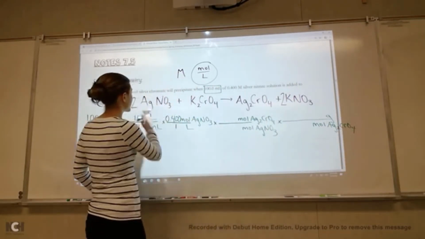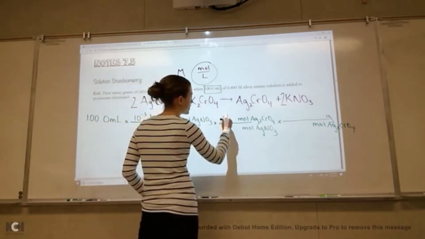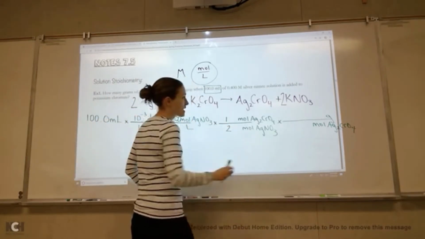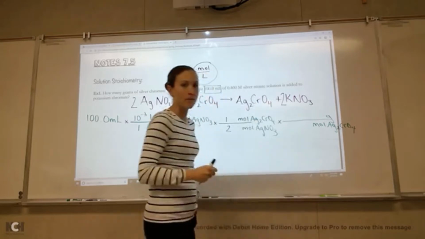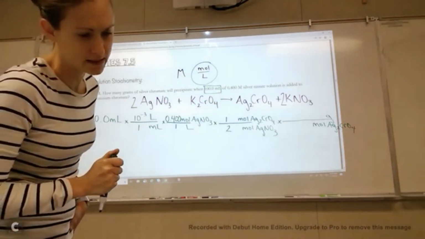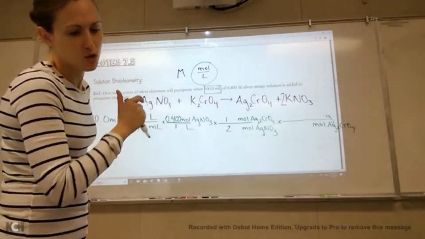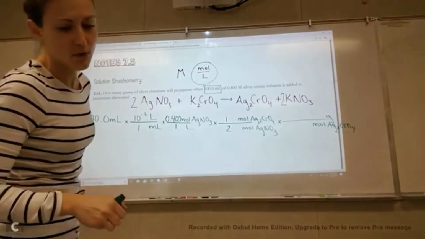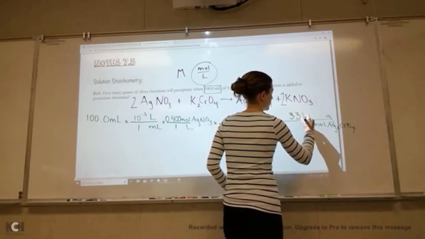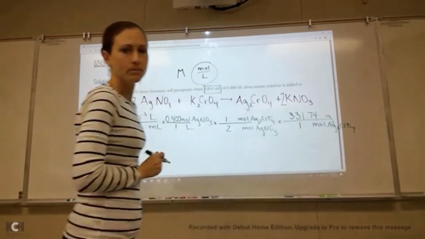My mole to mole ratio, I just need to use my coefficients. So the coefficient in front of silver chromate is a 1, in front of silver nitrate is a 2. And then here, since it's grams per mole, remember I'm going to be using my molar mass as my conversion factor. And the molar mass, once I add up the molar mass of silver times 2 plus chromium plus oxygen times 4, I got 331.74. So that's grams for every 1 mole.